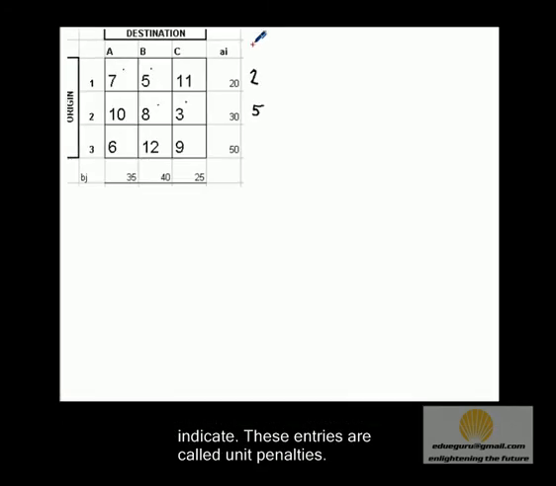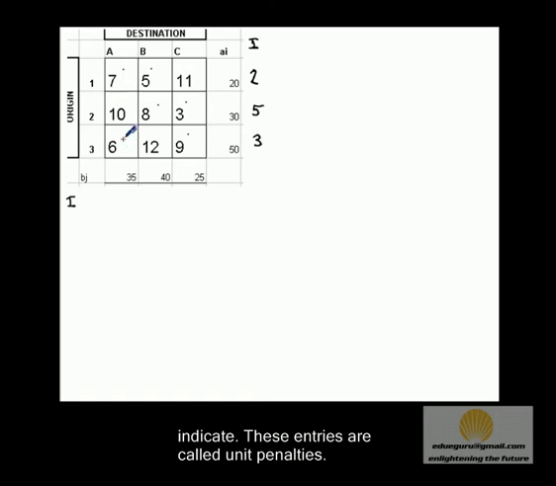Since the iteration will be involved, we'll give a header to the penalty column and row. Since this is the first iteration, we'll give this as 1. Now in the third row we have 6 and 9, so we'll give the difference as 3.